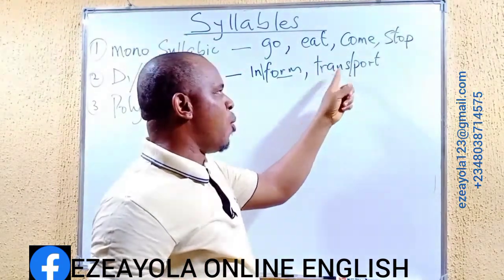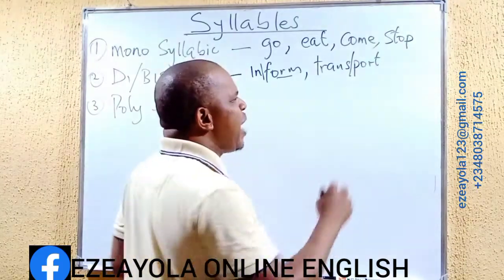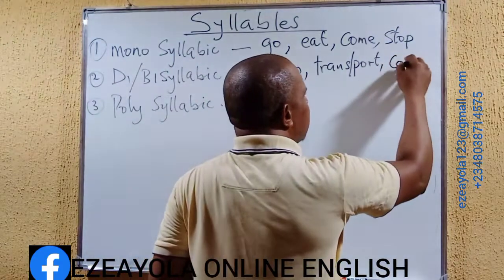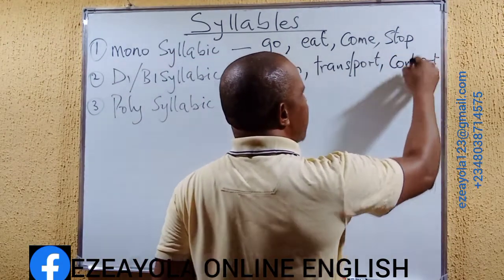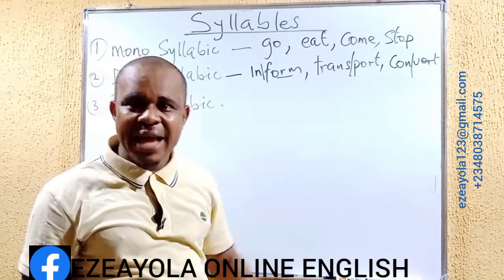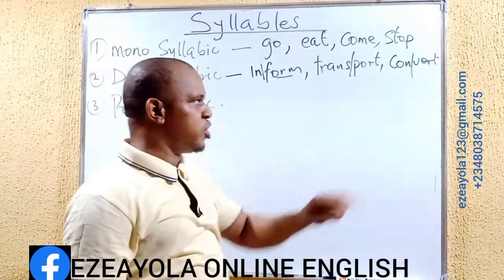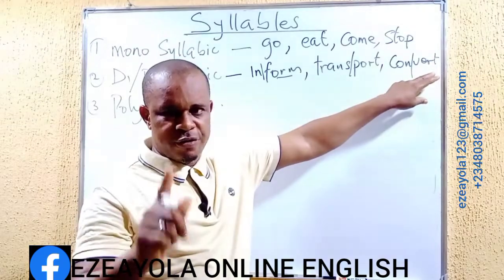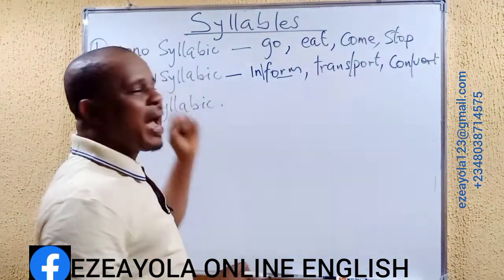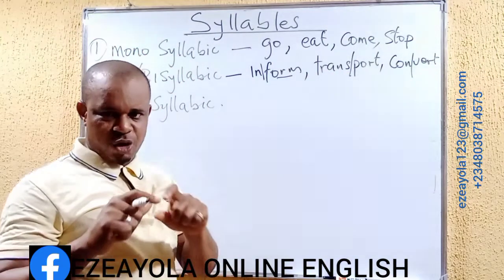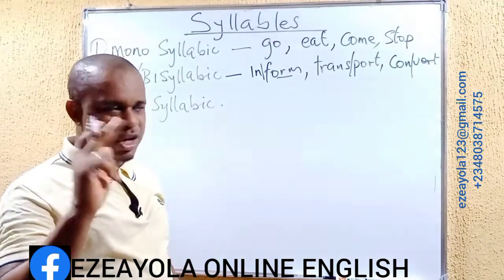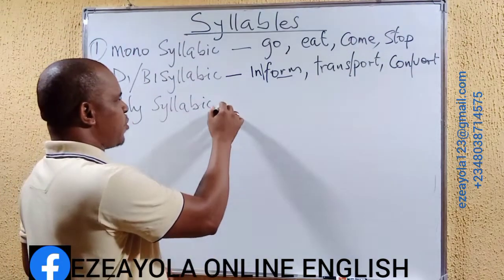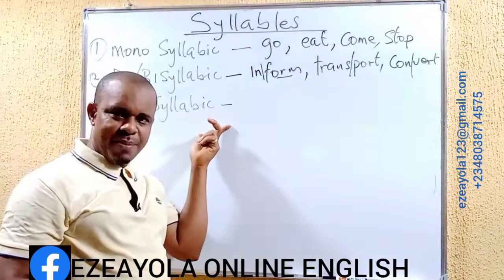We have syllable number one and number two. We have something like convert, all right. This is equally a disyllabic or bisyllabic word. Two syllables involved. Take note, when we mention di or bisyllabic words, we are talking about words that have only two syllables.